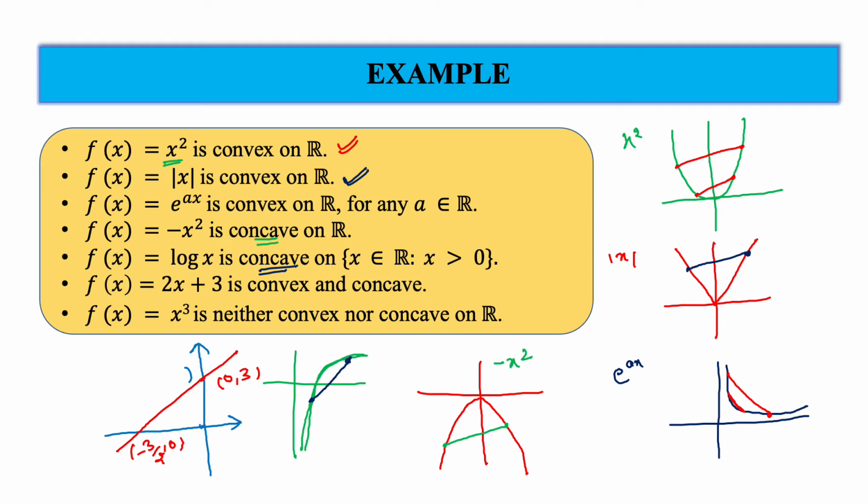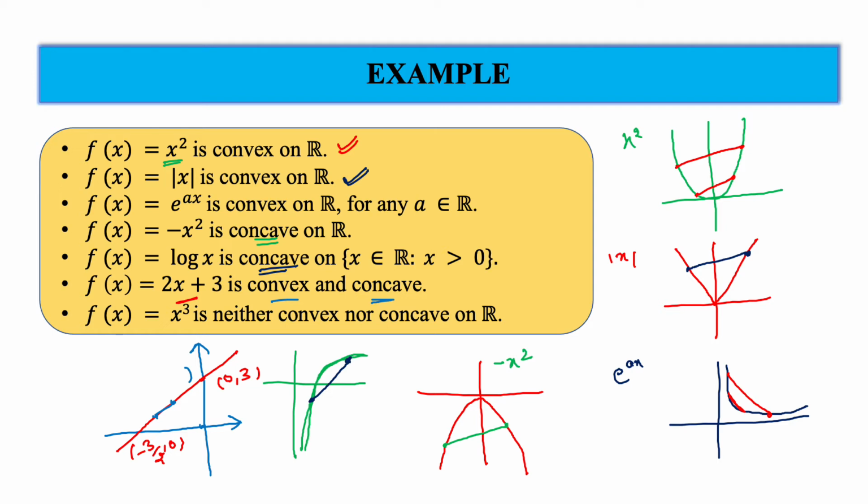So that's my line segment for this graph. If you take any two points and join the line, the chord is always equal to the curve, so all the points lie on that curve only. Such a graph is both convex as well as concave.